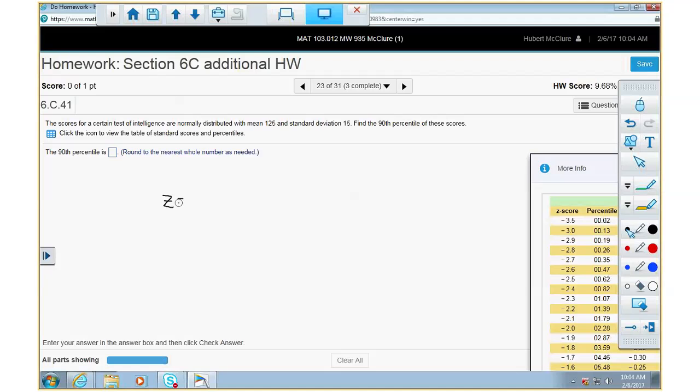Z is equal to the 90th percentile. Well, they give us the 90th percentile, but they give us the standard deviation to go with it, so that means we need to draw it out. So 125 is here.